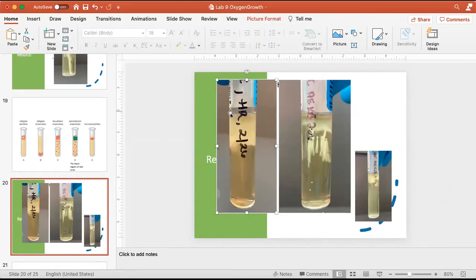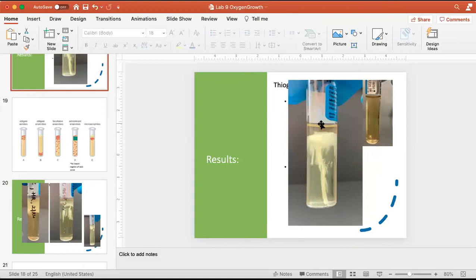So here is growth in the oxic zone. Okay, and it's growth all the way through the oxic zone. Compare that to the last one we looked at, where we had growth in only the lower half of the oxic zone. Again, this is the growth, this big clump of white, sort of cream colored material.